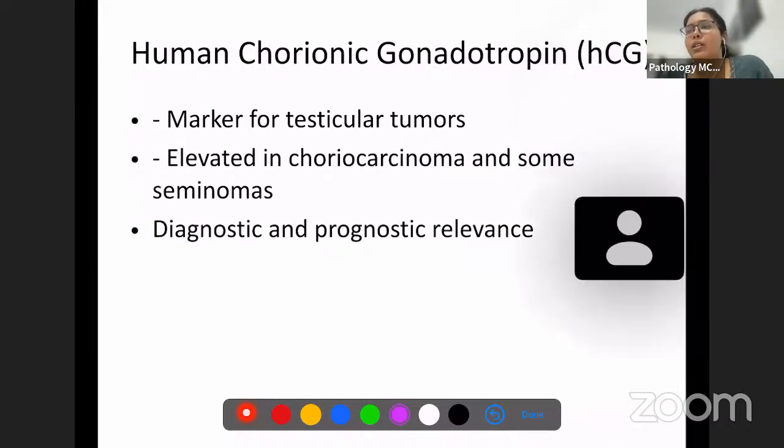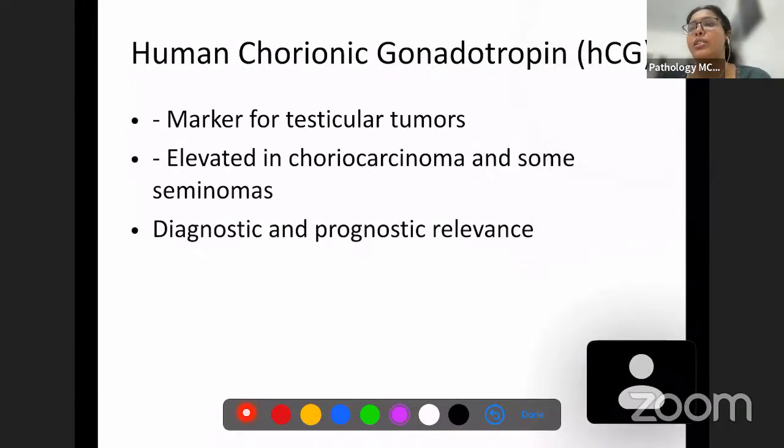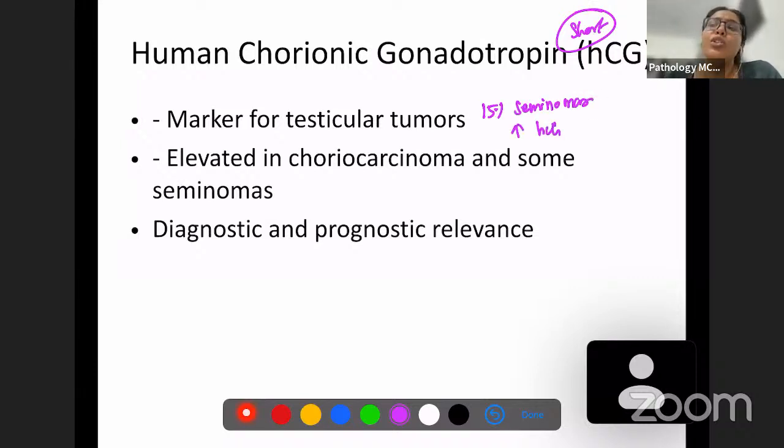Next, this is a short note on human chorionic gonadotropin. This is a marker for testicular tumor, which is fine. Also, one more important point is that almost 15% of seminomas can also have increased HCG. So it's not only choriocarcinoma, but also a few percentage of seminomas can have increased human chorionic gonadotropin.